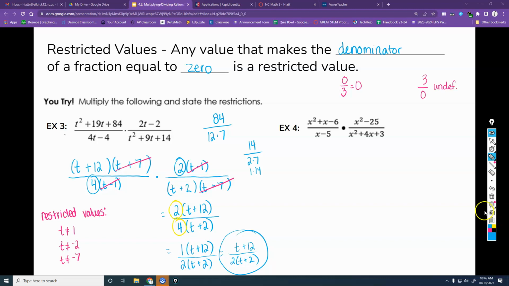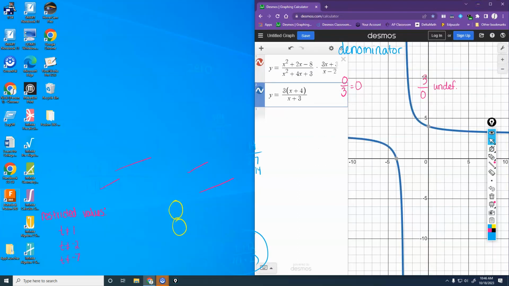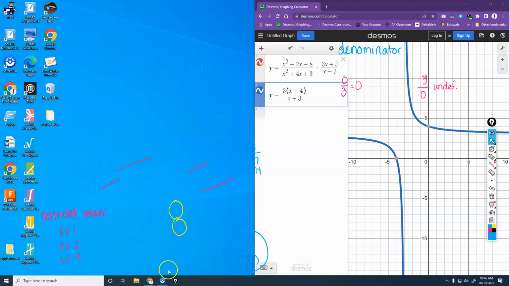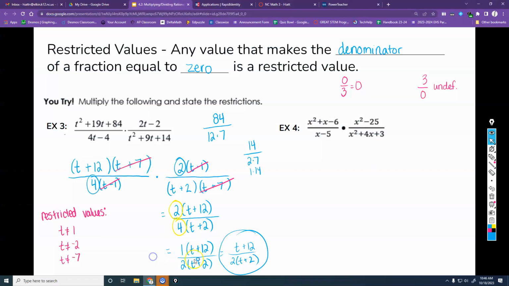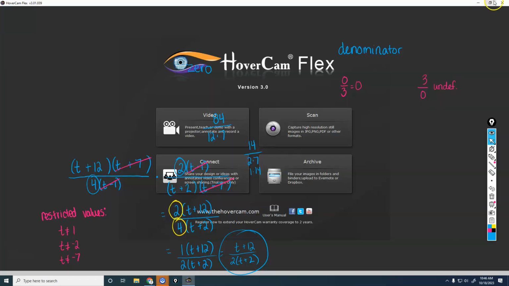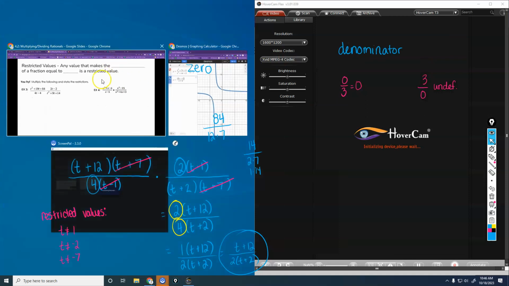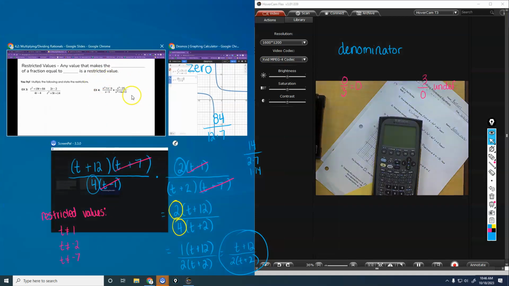I'll just show you. I think they're kind of cool, so I'm going to show this one to you. They look pretty much the same as the other calculators, but the buttons are different.